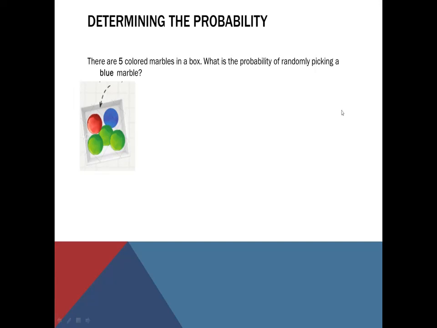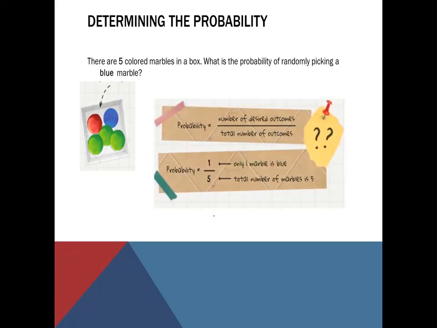What is the chance of picking a blue marble without looking at what's inside the box? How do we get the probability?